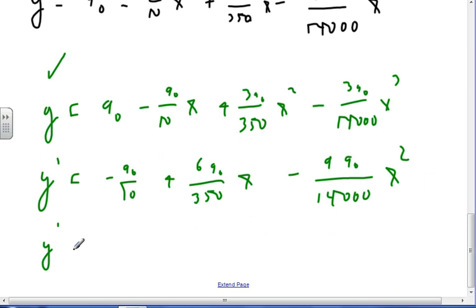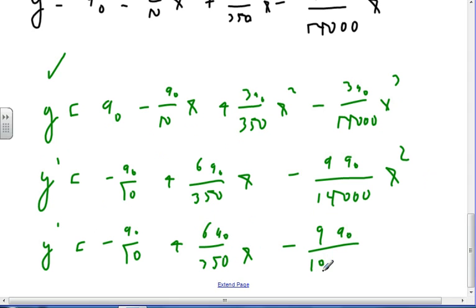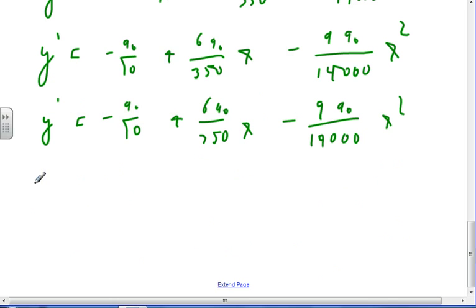Y prime, because we need two of them, minus A0 over 10, 6A0 over 350x, minus 9A0 over 14,000x squared. Y double prime.